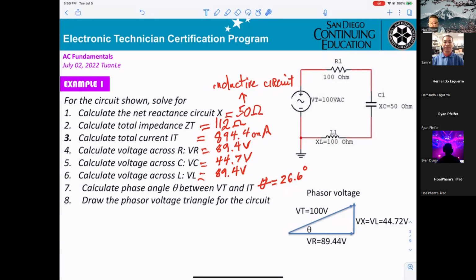Yes, sir. Okay. So if it's inductive, the phase angle will be positive. If you don't know, you have to go back to the RL series circuit. Okay.